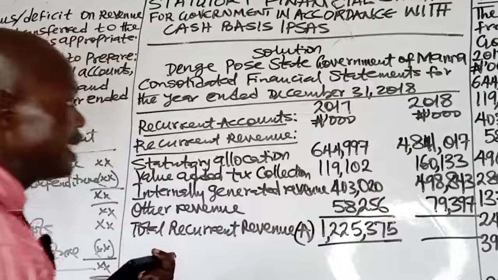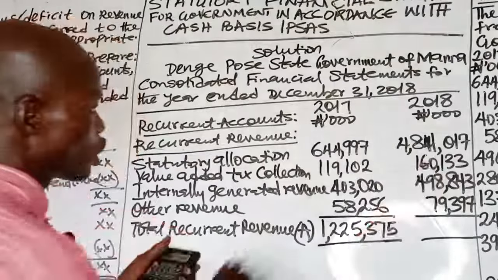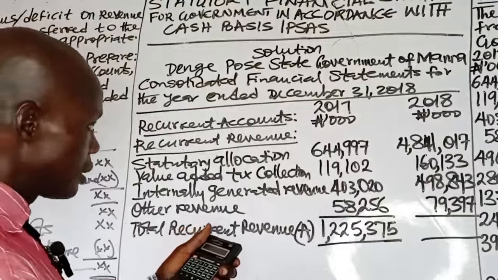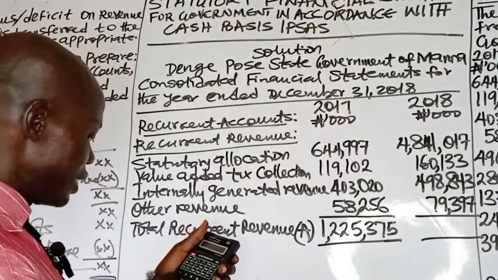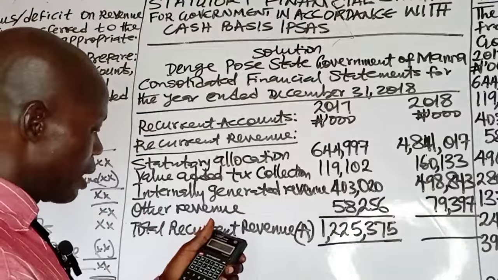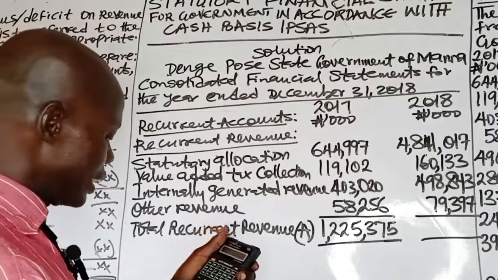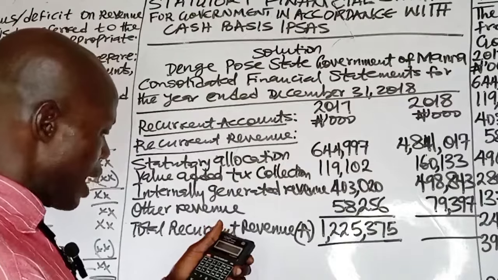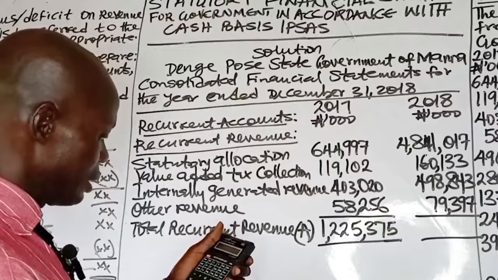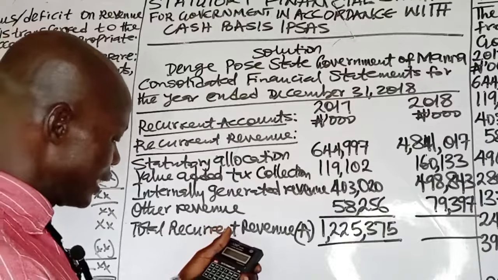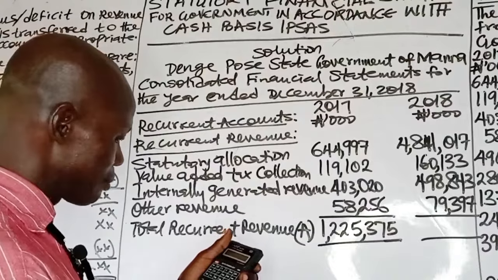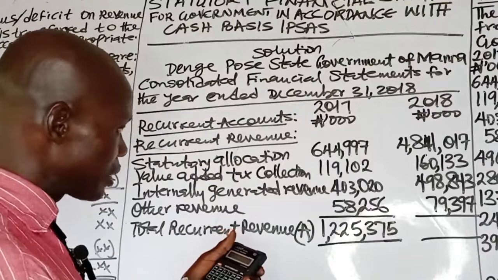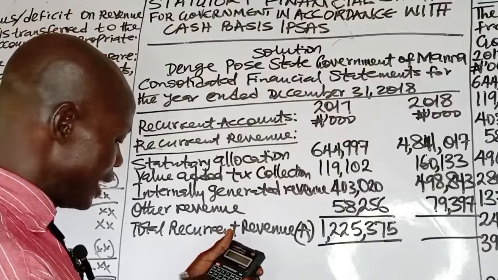That of 2018. We probably want to sum it up. 4,841,017 plus 160,133 plus 498,843 plus 79,397.